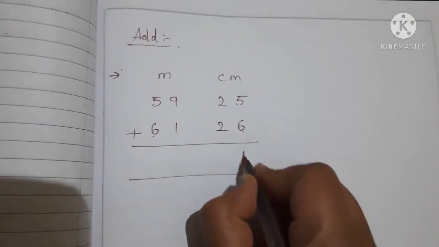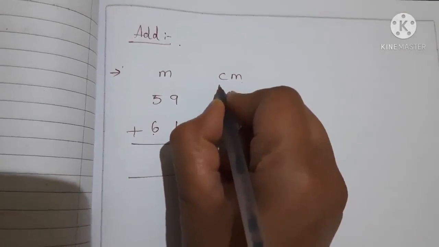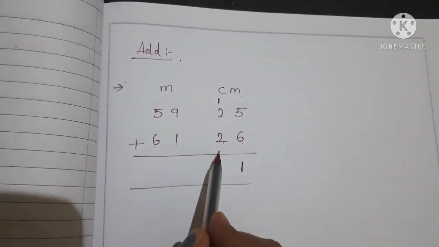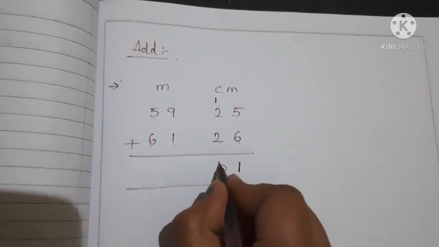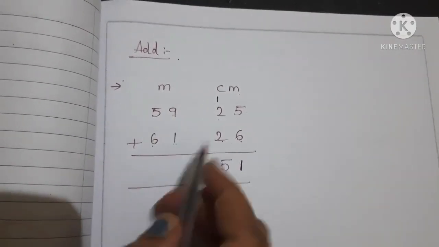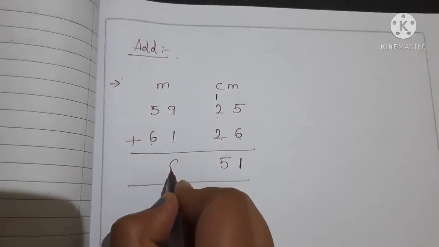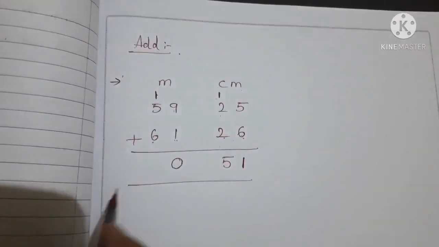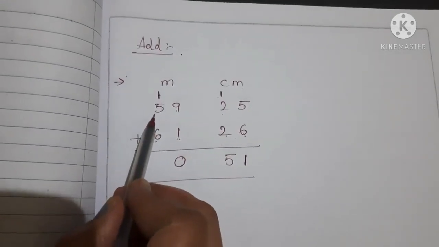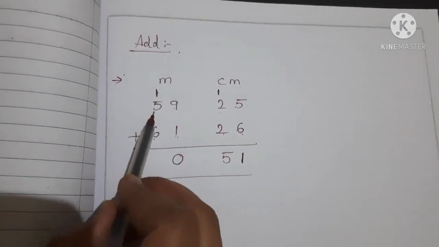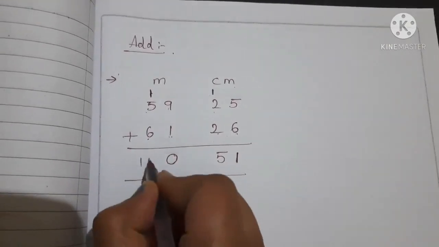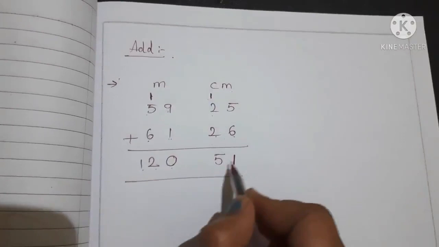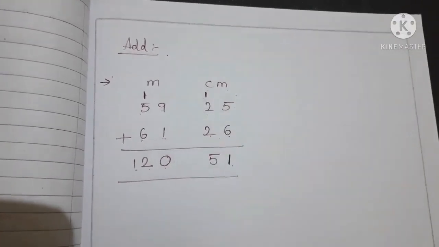So 1 we are writing here. 1 is carry forwarding. 1 plus 2 is 3. 3 plus 2 is 5. 9 plus 1 is 10. So 0 here and 1 is carry forwarded. 5 plus 1 is 6. 6 plus 6 is 12. So the sum is 120 meters 51 centimeters.